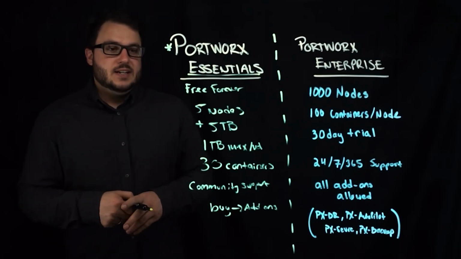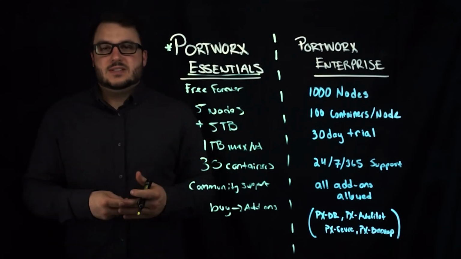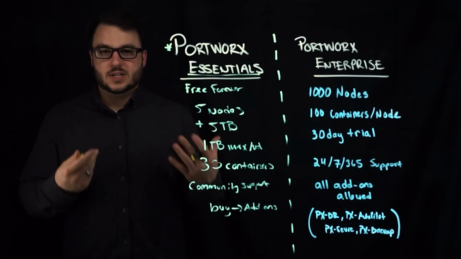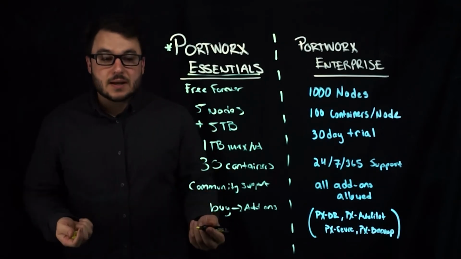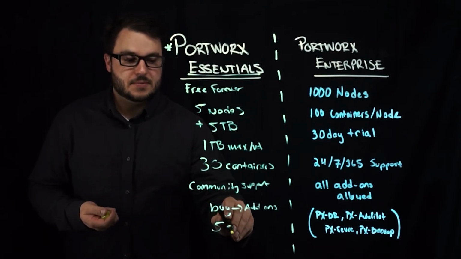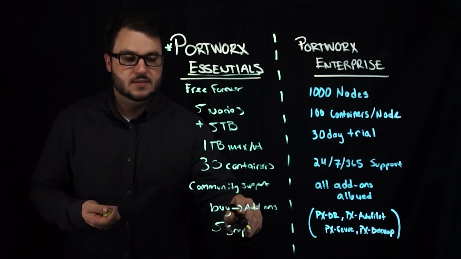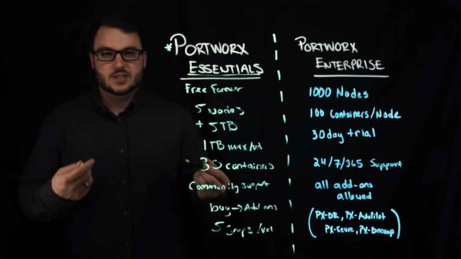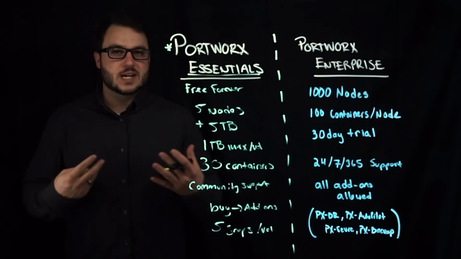Note that you can still use Portworx Essentials for a secure production application, because you are allowed snapshots. You get 5 snapshots for volumes, which is good if you were to snapshot a few times a day, those kind of things.